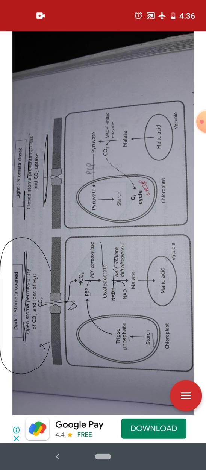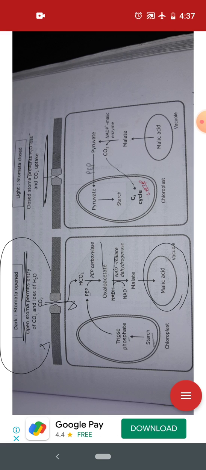The oxaloacetate is reduced to malate, which is finally stored in the vacuole. Reduction of oxaloacetate is catalyzed by the enzyme known as NAD+ malate dehydrogenase.